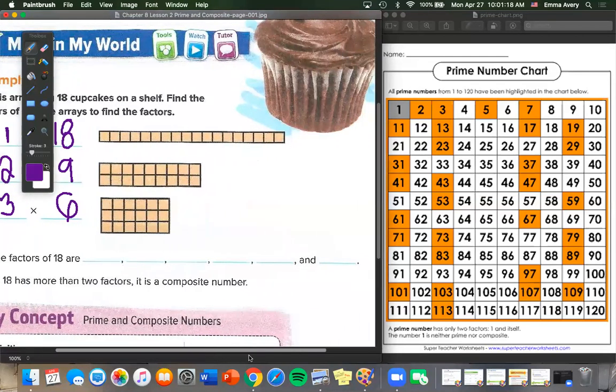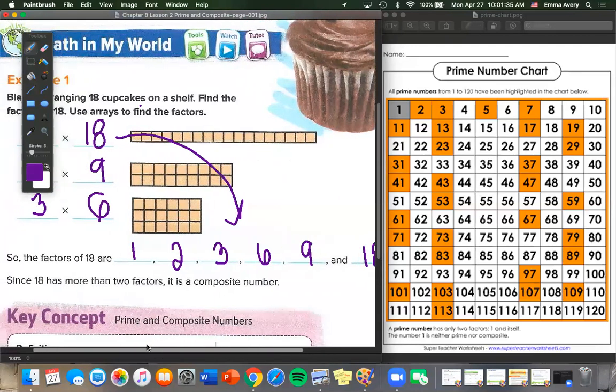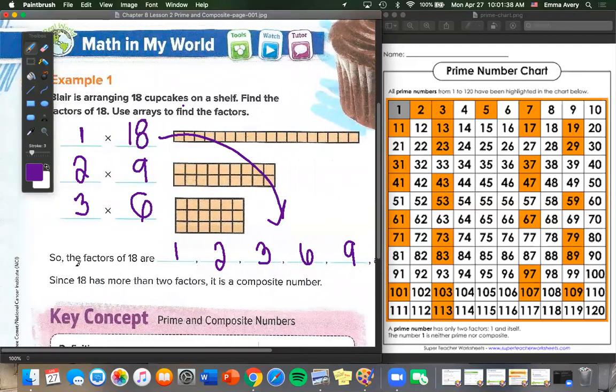So the factors of 18 are 1, 2, 3, 6, 9, and 18. And all I did was copy these numbers down over here. So that's how we find out our factors. Because 18 has more than 2 factors, it's a composite number.